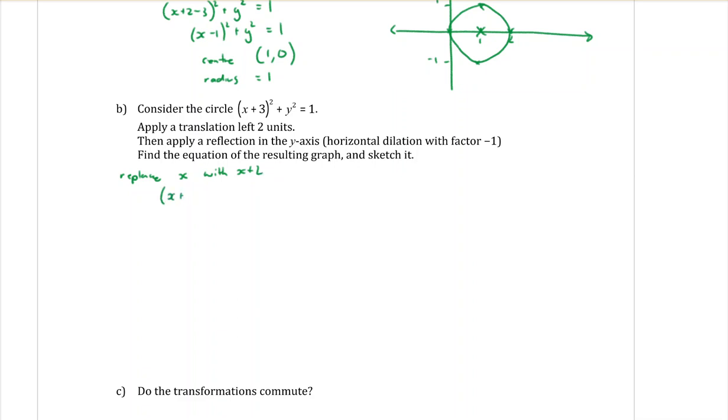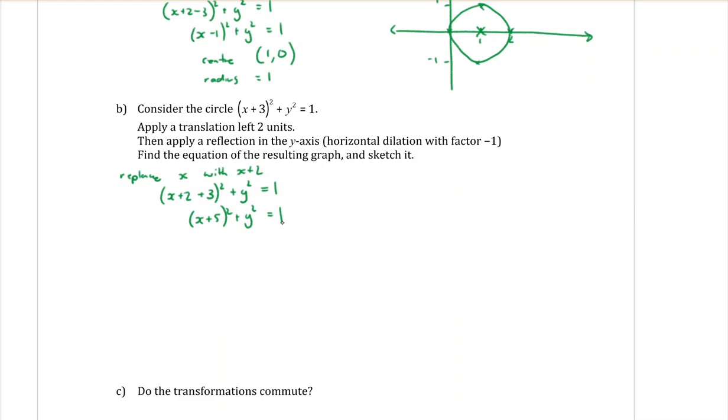That's going to make x plus 2 plus the 3 in brackets squared plus y squared equals 1. Adding together the numbers in that bracket would become x plus 5 in brackets squared plus the y squared equals 1.